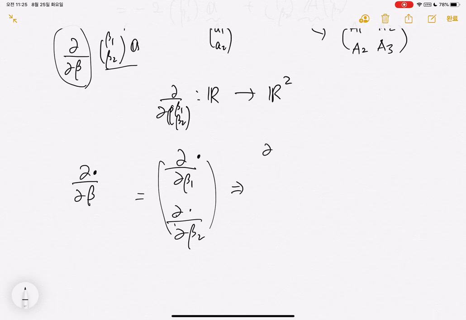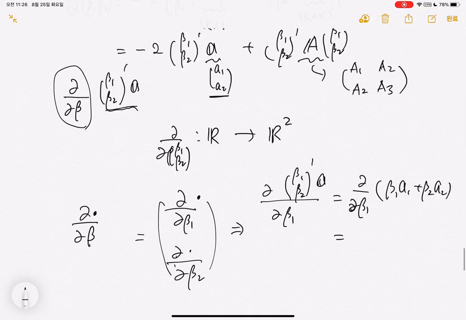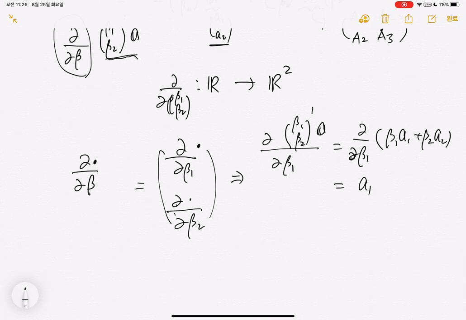Partial beta 1, beta 2 prime a over partial beta 1, which is partial of beta 1 a1 plus beta 2 a2, which is a1, right? And what about the other one? Partial beta 1 beta 2 prime a over partial beta 2. You can see that this has to be a2.